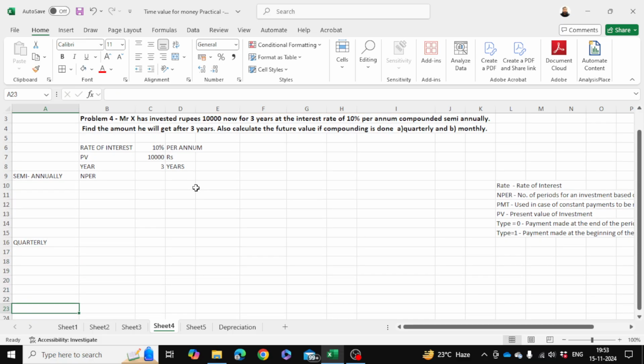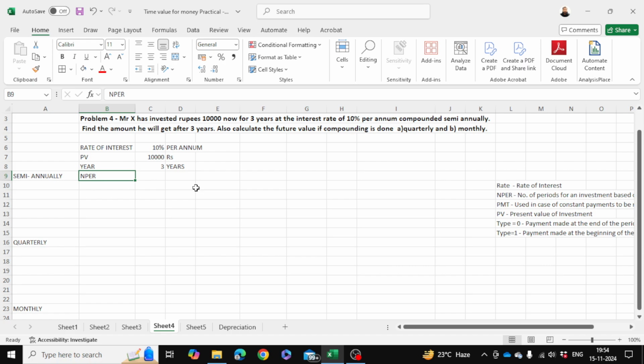Then at the bottom I will be calculating it for monthly. This is right. So N period is, again you can say, effective period, and the effective rate of interest, which you are going to apply for half yearly or semi-annual mode, right?